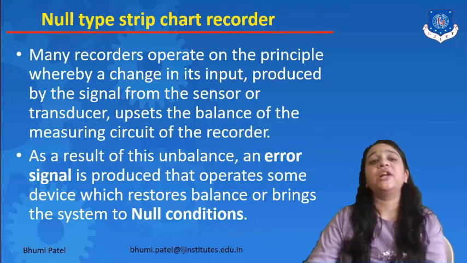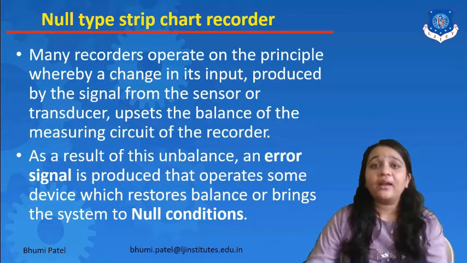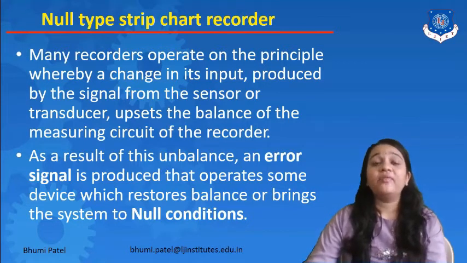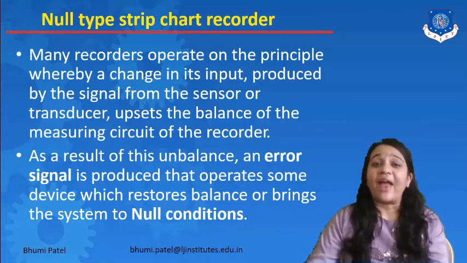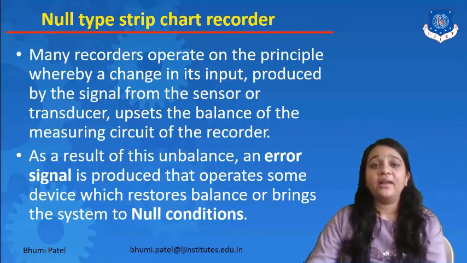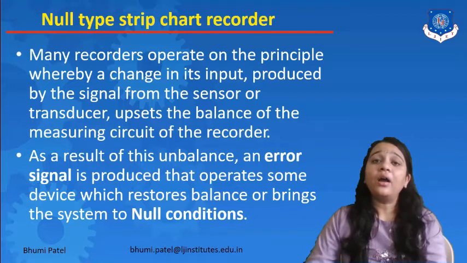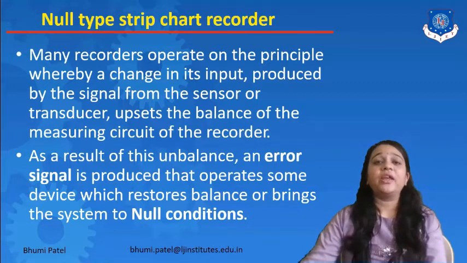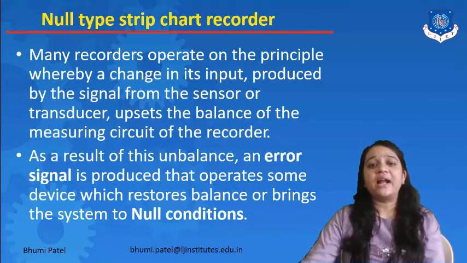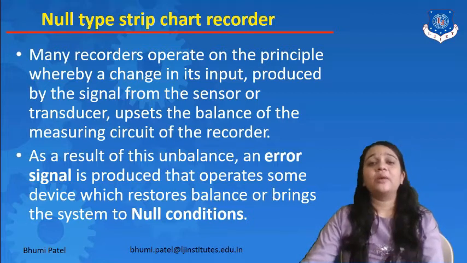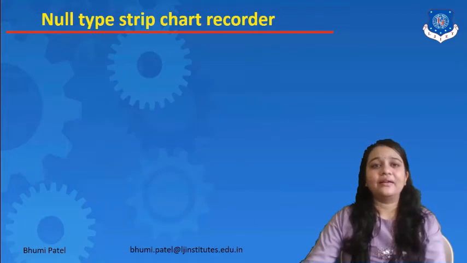As you know, in a closed loop system we can connect a sensor in the feedback element, and with the sensor signal we can connect a summing point. Whenever an error is generated, we get an unbalanced result. That time we can use a null type strip chart recorder, because this system condition is known as the null condition.